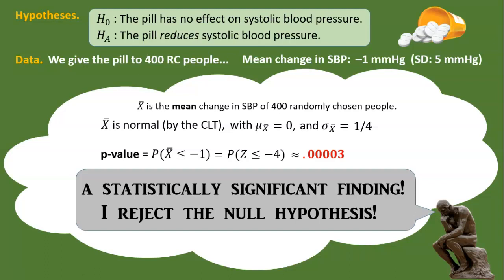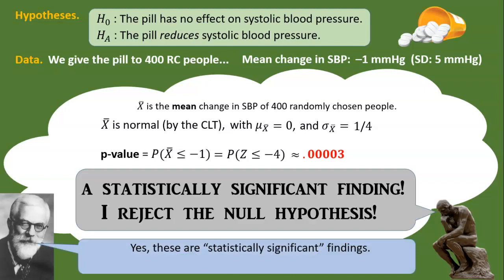And just when he's about to alert the FDA that he's developed a drug that has been shown in a statistically significant test to reduce blood pressure, and which will therefore save countless lives, Ronald Fisher enters the room to say, "Yes, these are statistically significant findings, O thinker. But are they practically significant?"